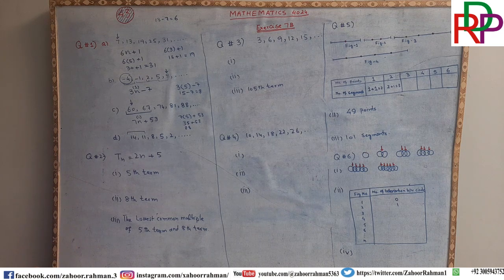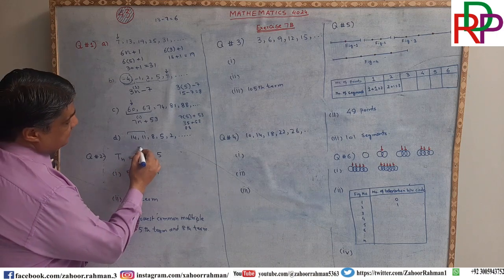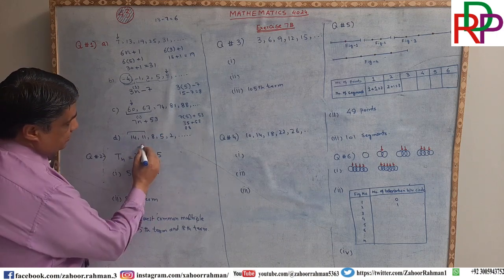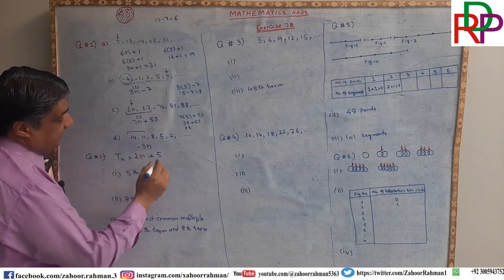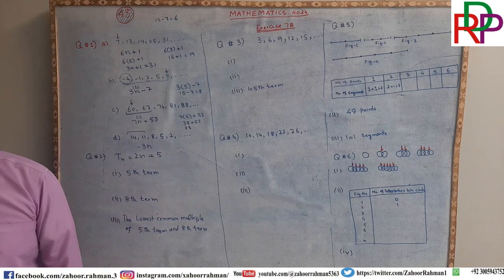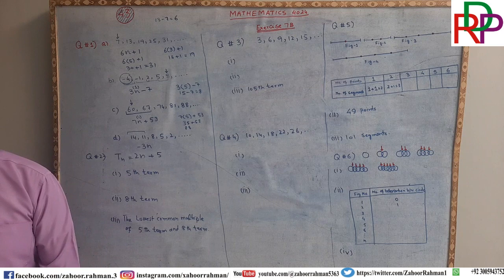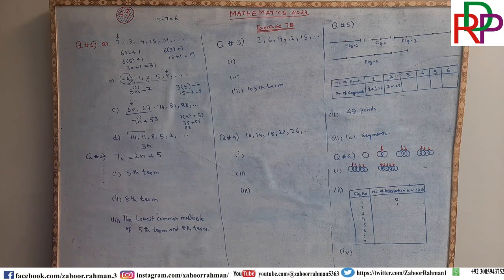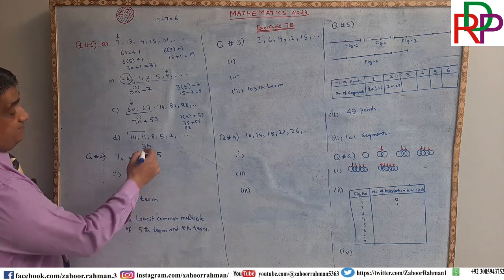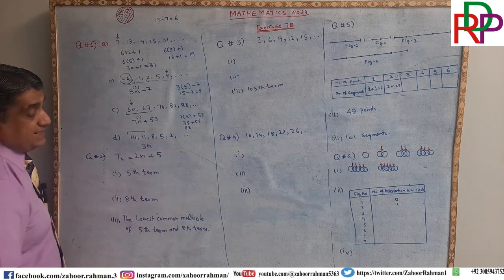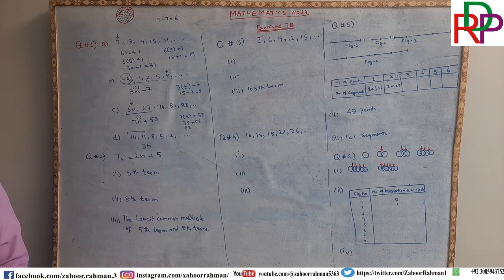So you have to write minus 3 because it is going downward. Minus 3n. So when we are getting this minus 3n, what should we add to get 14 for the first term? Then we will get minus 3n plus 17.